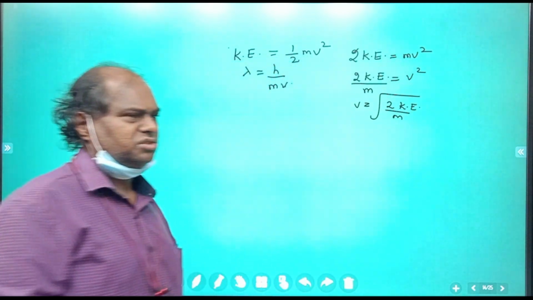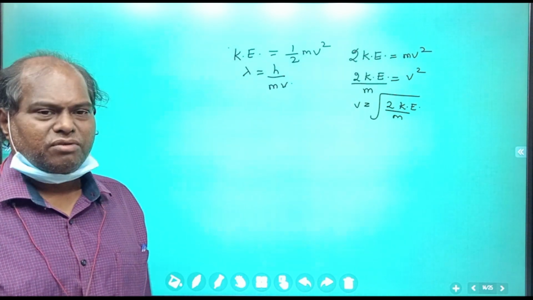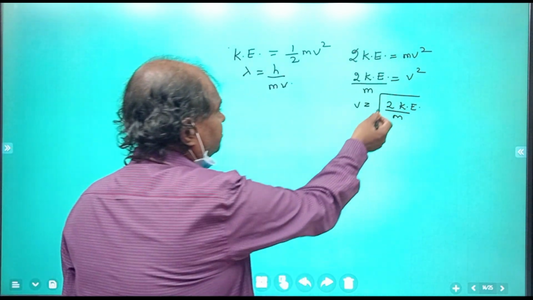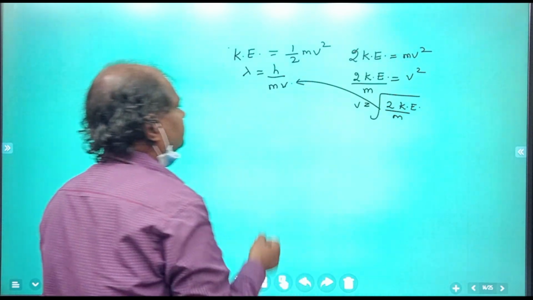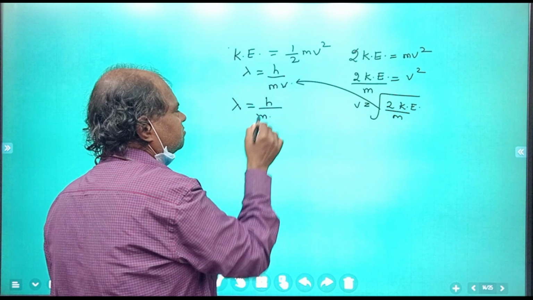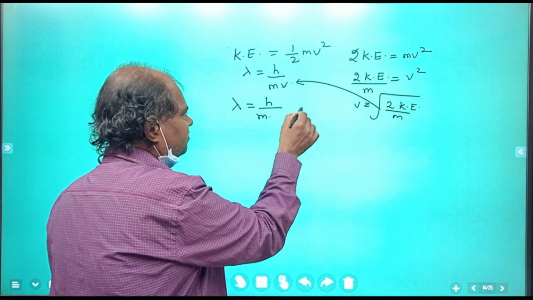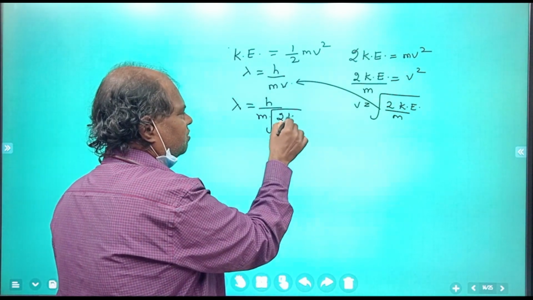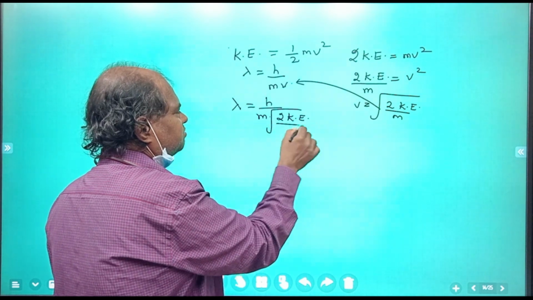Fine. Now this value you substitute here. So what will you get? Lambda is equal to h by m times root of 2 kinetic energy by m.